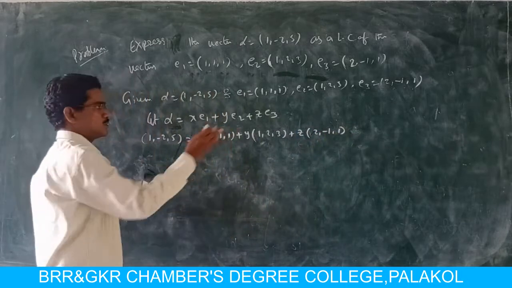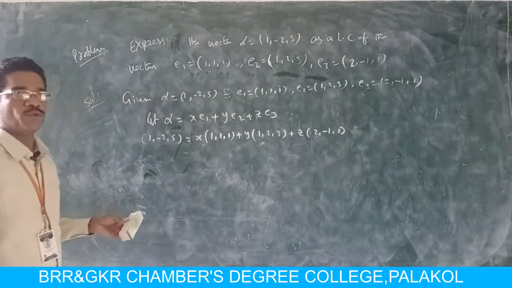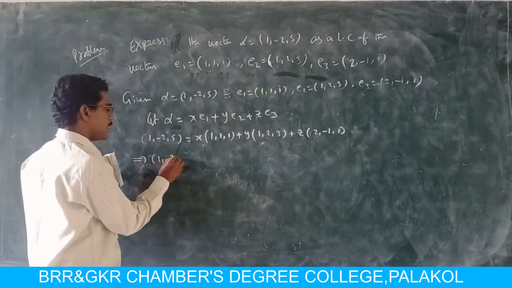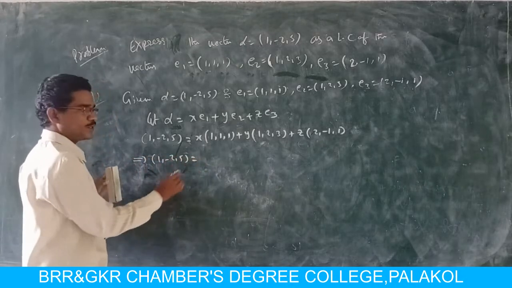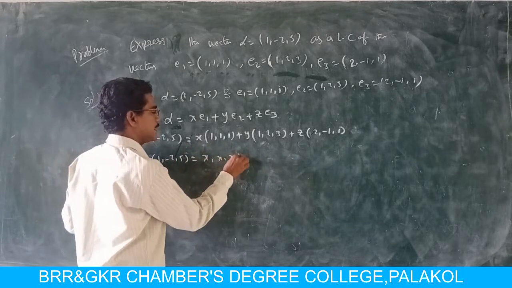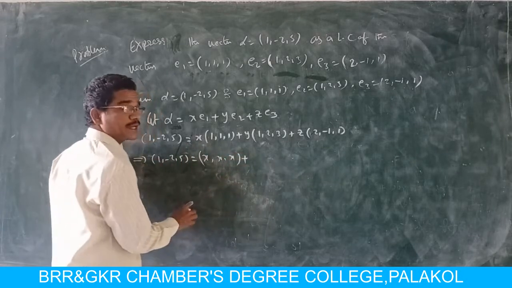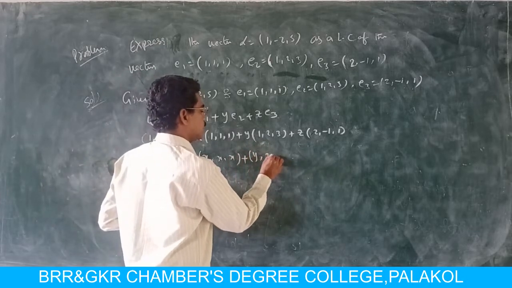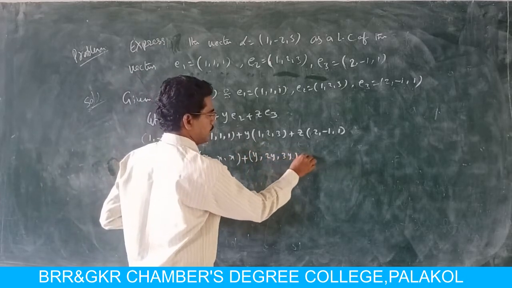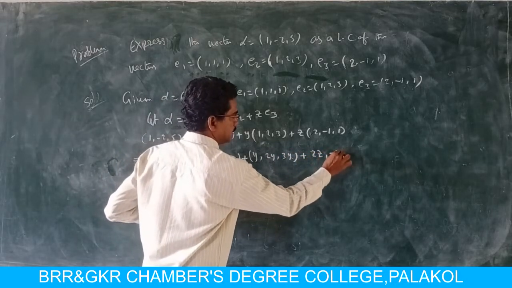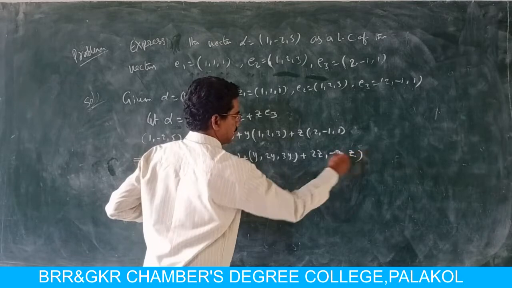This is the substitution of the values of e1, e2 and e3. This implies 1, minus 2, 5 equal to the multiples x, x, x, scalar multiplication of a vector, then y, 2y and 3y, plus 2z, minus z, z.